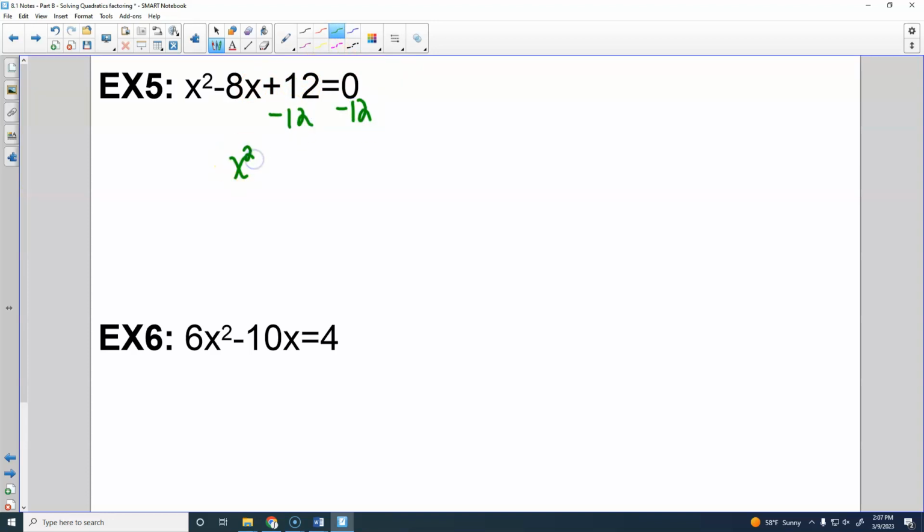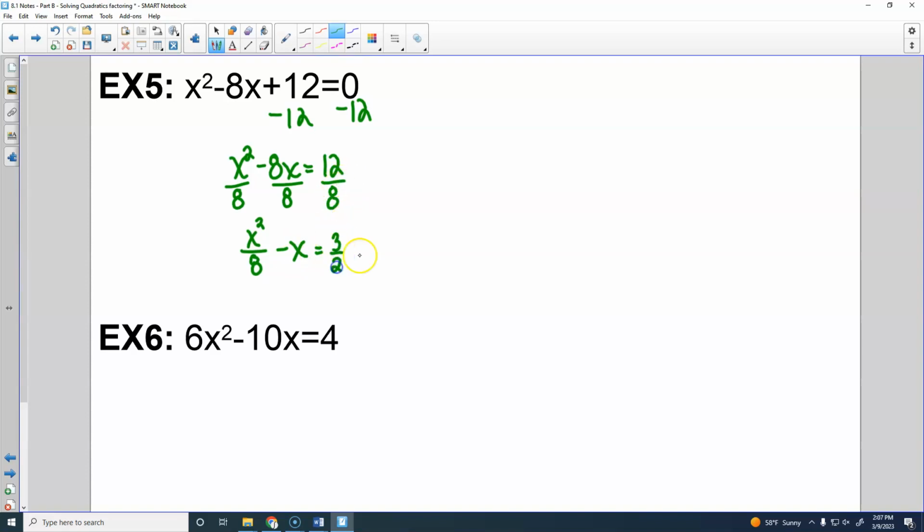And that's going to give you x squared minus 8x equals 12. So if you're going to do that, then what would you do next? If I divide it by 8, I technically have to divide everything by 8. So that gives me x squared over 8 minus x equals 12 over 8, which reduces to 3/2.